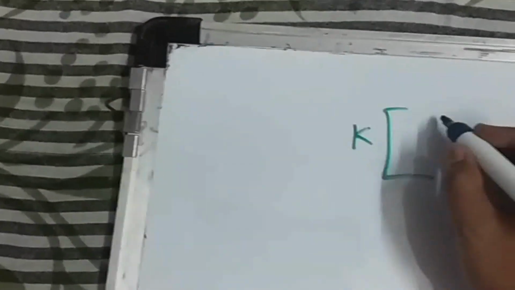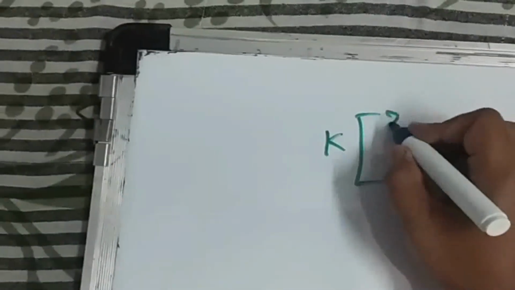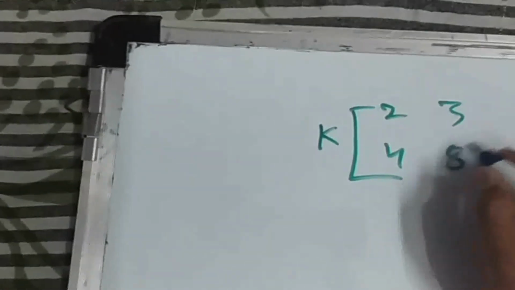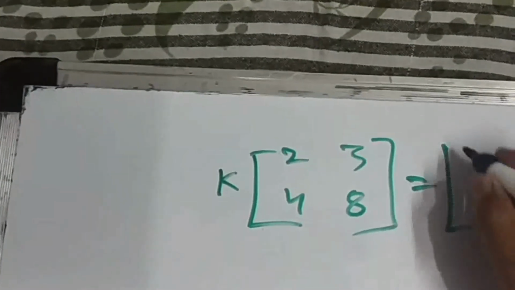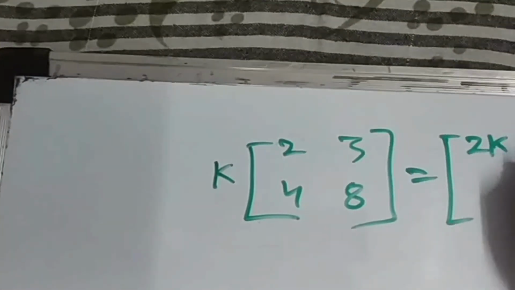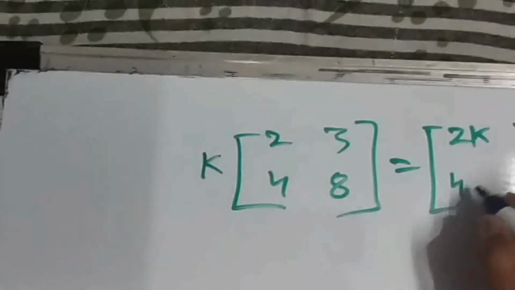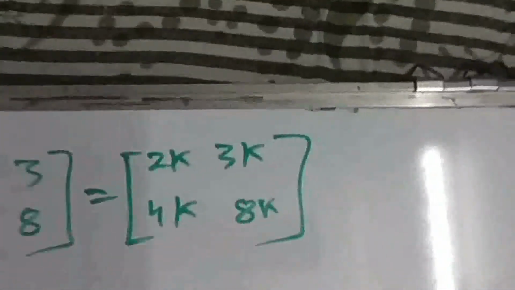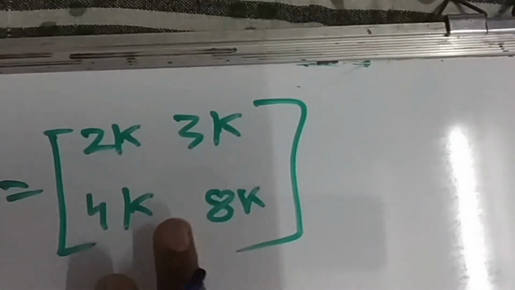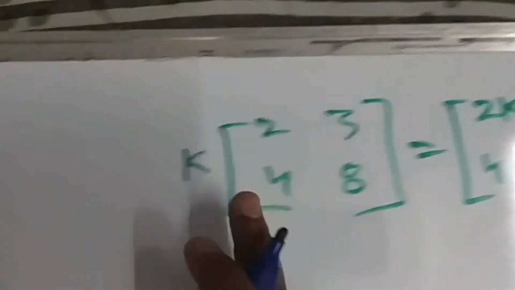Say the matrix is 2, 3, 4 and 8, a 2 into 2 matrix. That is scalar multiplication of a matrix. It will be 2k, 3k, 4k, 8k. Or if this is given, from here you can take k common like this. Okay, this is for matrix.